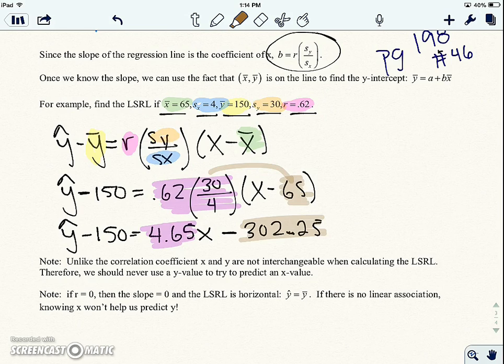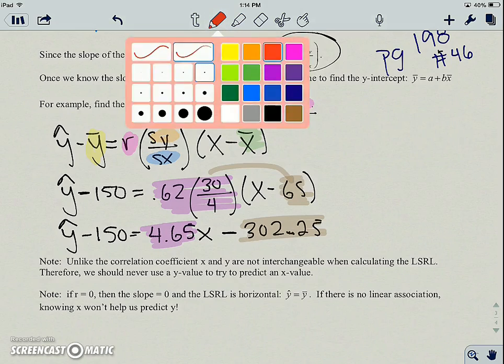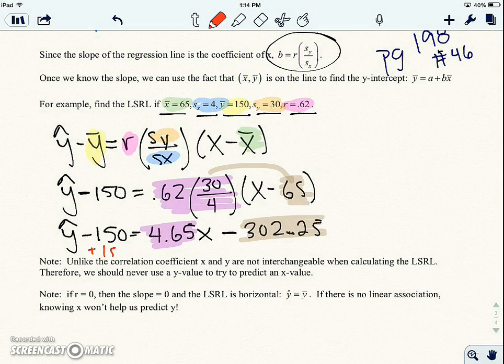So I just distributed. Lastly, we can add 150 to both sides, and I get a y hat equation, the least squares regression line, of 4.65x minus 152.25.